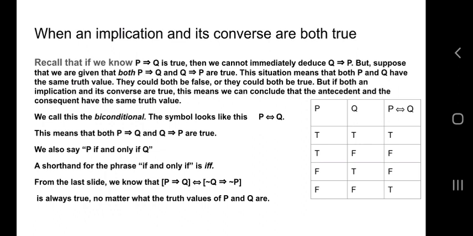Go ahead and make a truth table for bracket P implies Q and then the logical conjunction and then bracket Q implies P. You'll need a column for P, a column for Q, a column for P implies Q, a column for Q implies P, and then finally a column for bracket P implies Q bracket and bracket Q implies P bracket. Okay, good luck.